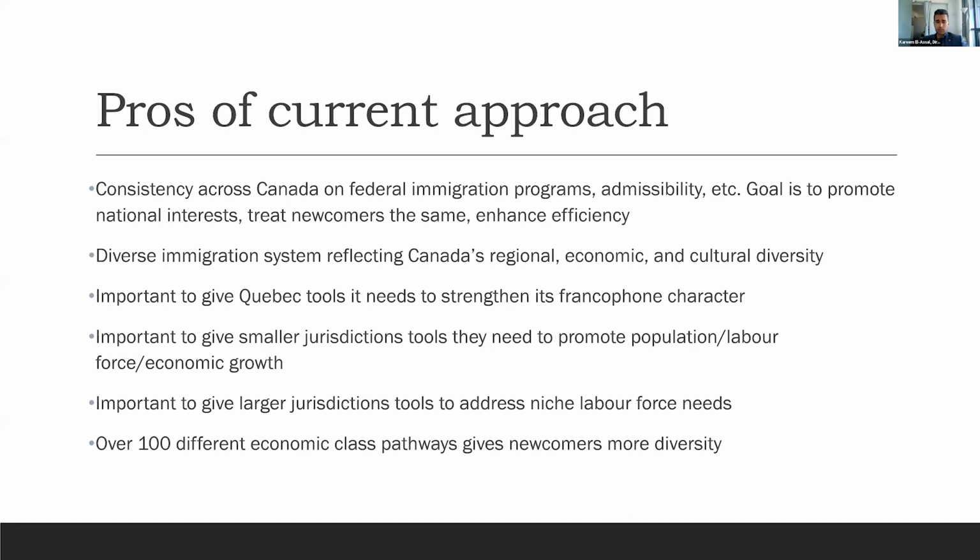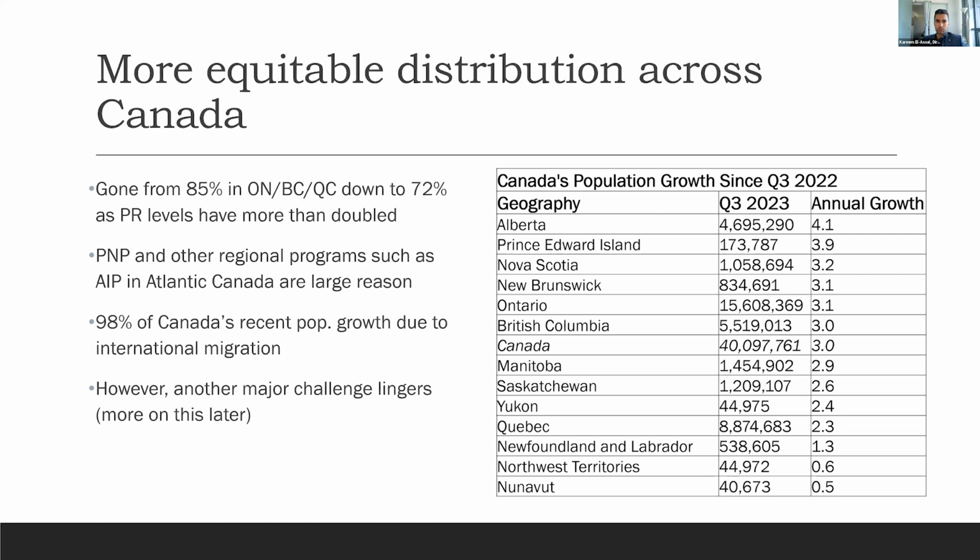As I'll speak to more in a second, it's also very important to give jurisdictions the ability to select economic class immigrants to address their labor force needs, just because they're closer to the ground and they have a better idea of where their needs are. And also, this is absolutely vital, and again, we'll see this in a second, in terms of promoting a more equitable distribution of immigration across the country.